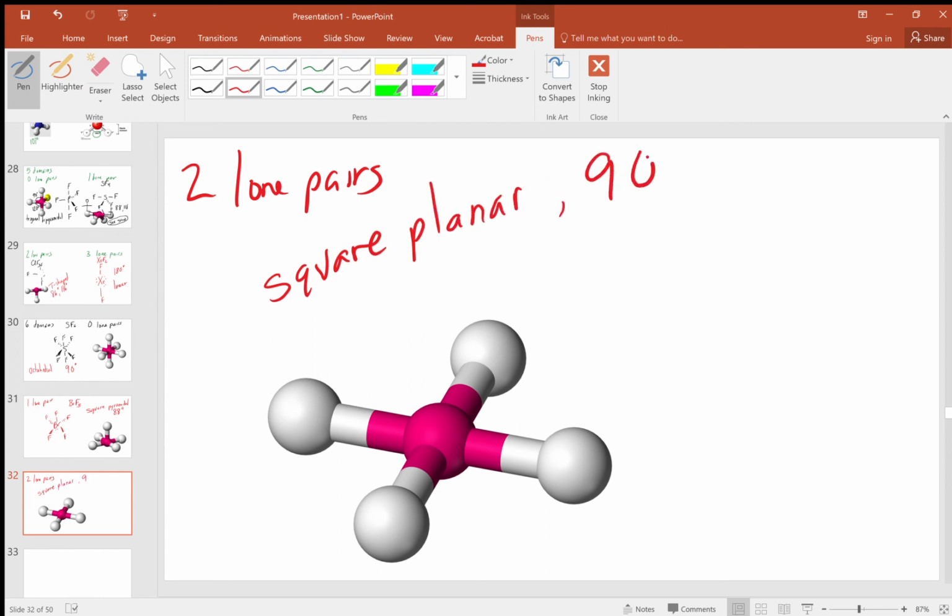Bond angles of 90 degrees. The lone pairs are going to be up above and below. They're staying as far away from each other as possible, and that leaves the rest of the molecule as a square with bond angles of 90 degrees.